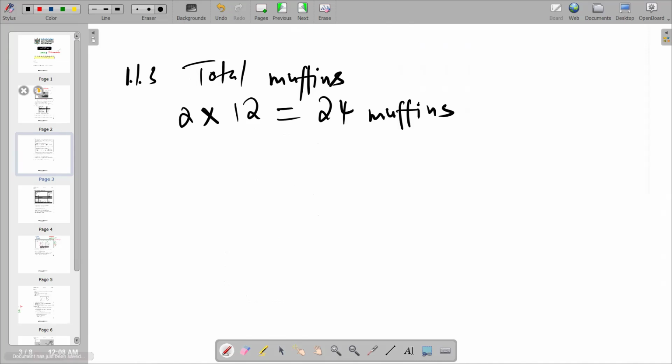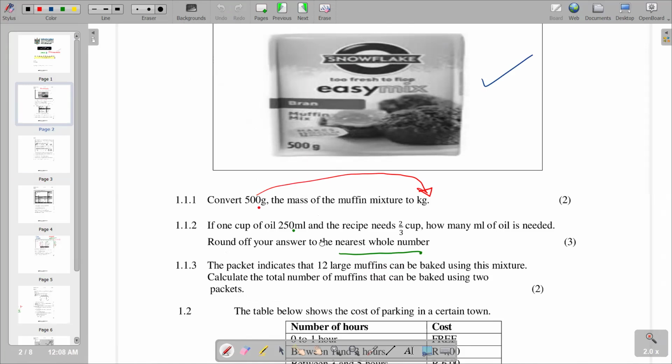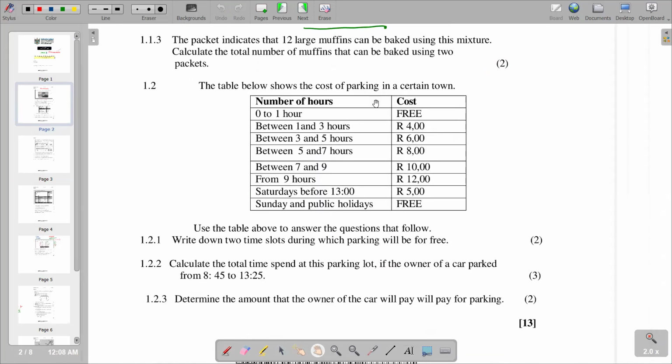So we move on to 1.2. 1.2 is: the table below shows the cost of parking in a certain town. We're given number of hours in one column, and then we're given cost in the other column. So use the table above to answer the questions that follow. 1.2.1, write down 2 time slots during which parking will be for free. When parking will be free, we see that we've got this part where it's written free. We've got also this part which is free.